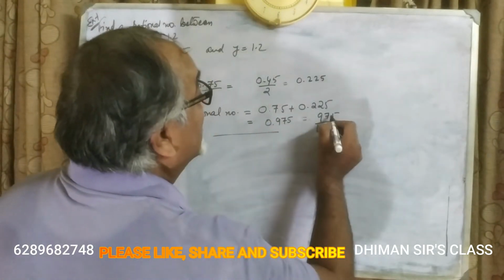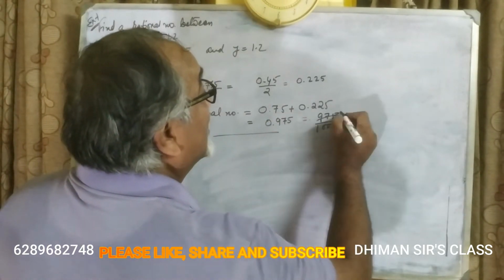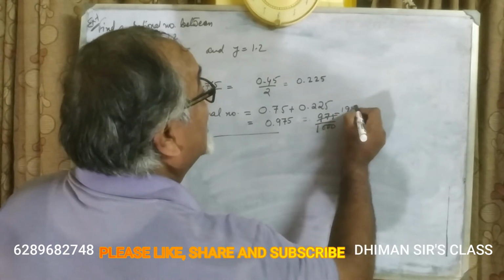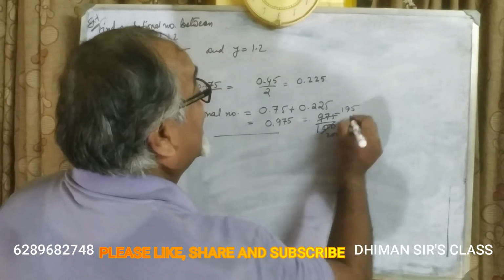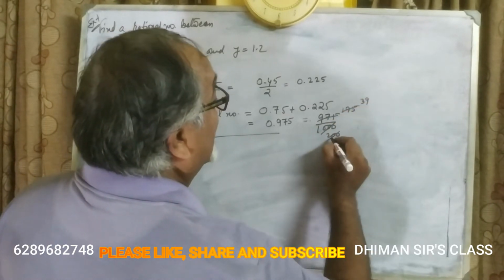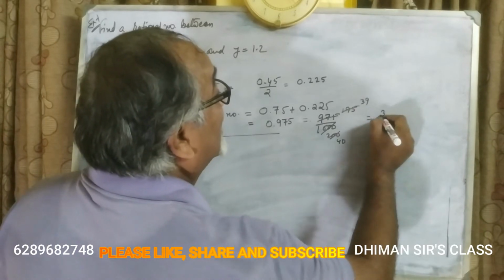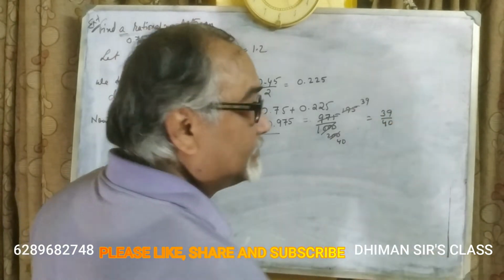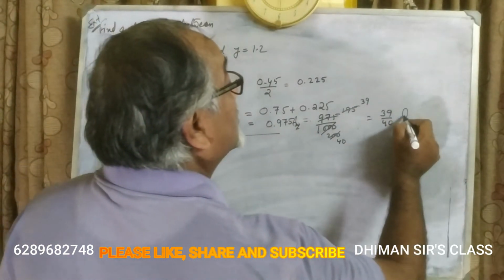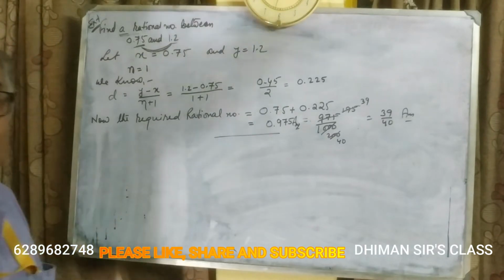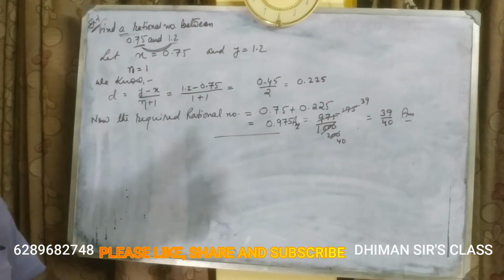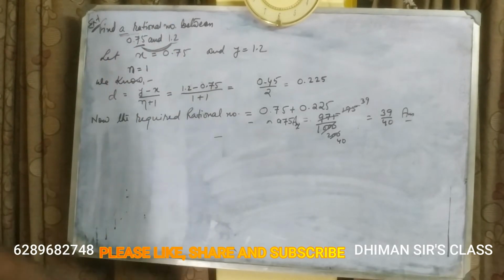Divide it by 5. 5 ones are 5, 5 nines are 45, 5 fives are 25, again 5 threes are 15, 5 nines are 45, 40, is equal to 39 by 40. Some schools may allow you to write this as the answer. Some schools will tell you to convert it into P by Q form. So, this will be the answer. Now, pause the video, copy it down.